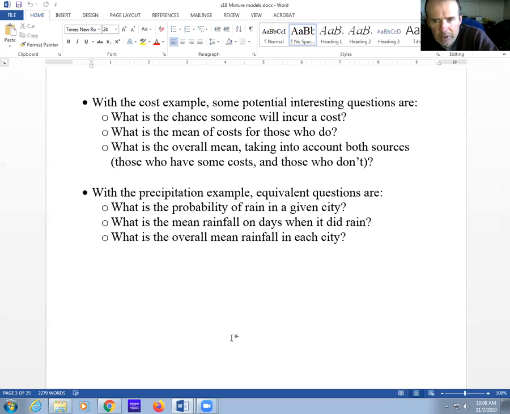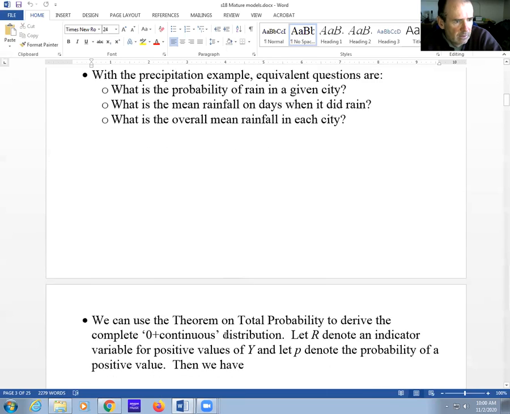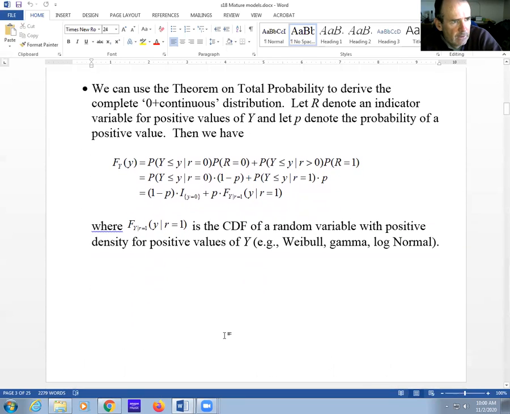And when we're talking about rainfall, what is the probability of rain in a given city on a given day? What is the mean rainfall on days when it did rain? And what's the overall mean rainfall? So we want to combine information, whether or not it rained or not. We want the overall average, right? So those are things that we may be interested in finding out.